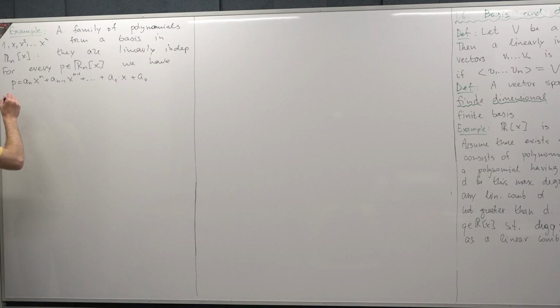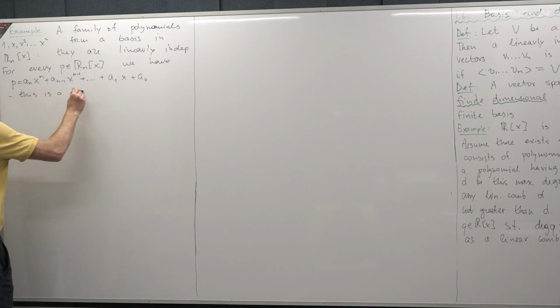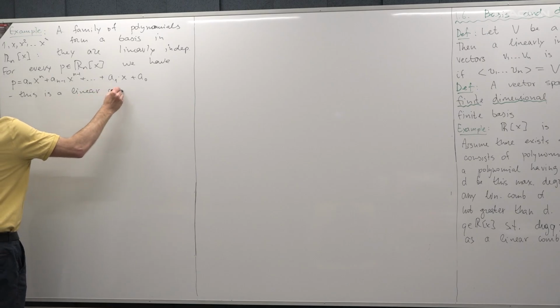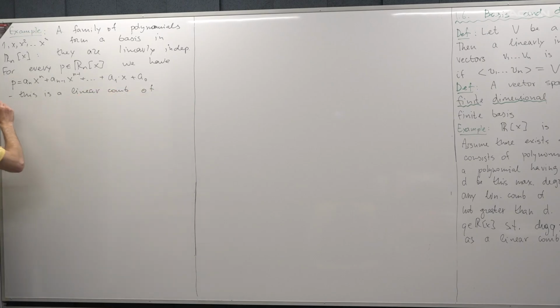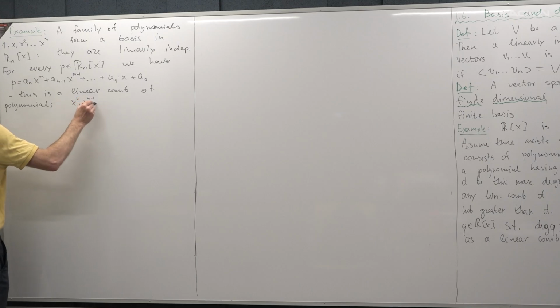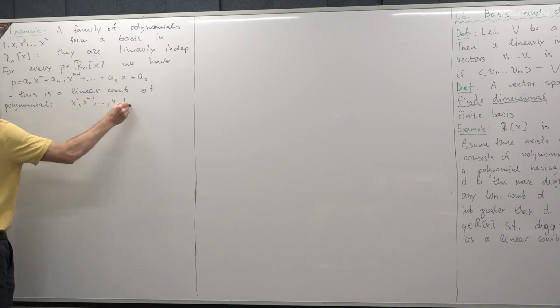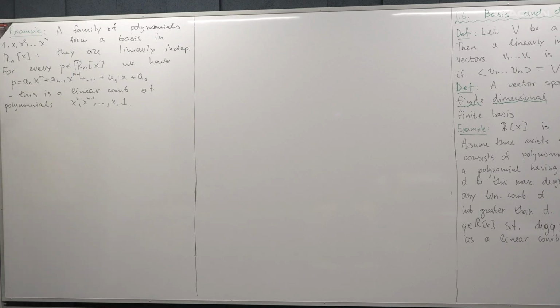So this is a linear combination of polynomials x to the n, x to the n minus 1, etc., x and 1. So we can represent every polynomial from this space as a linear combination of these polynomials. That's why they form a basis in this space.